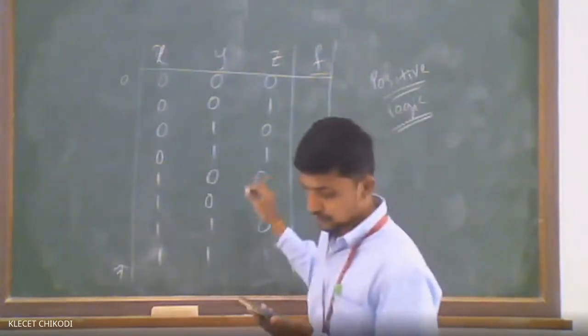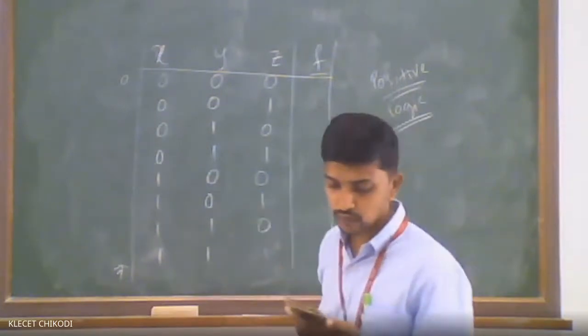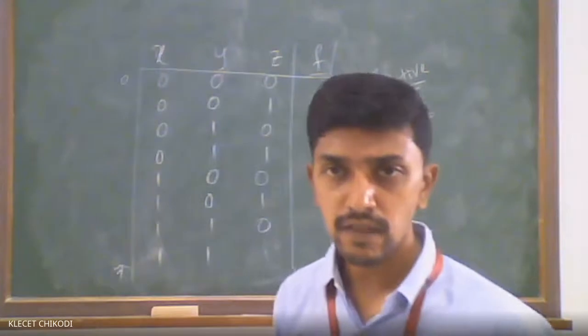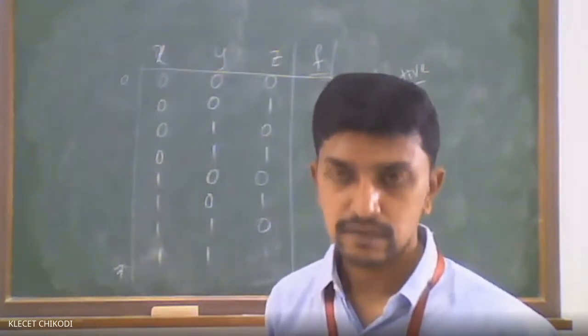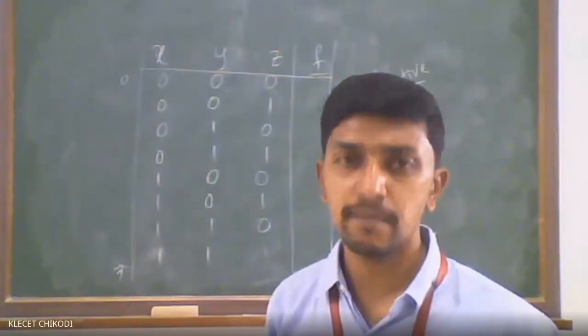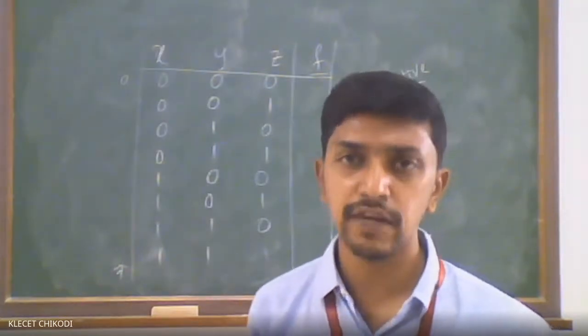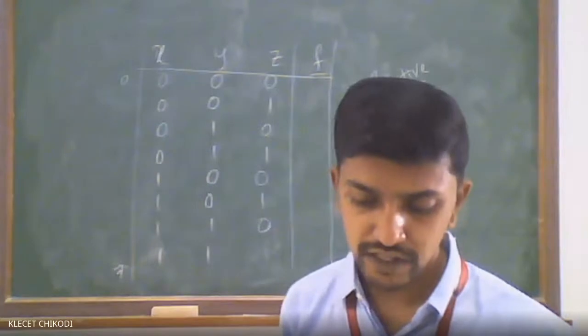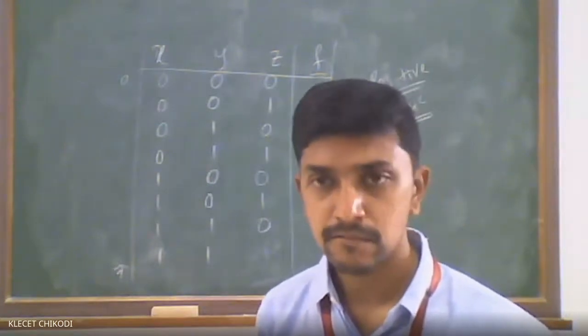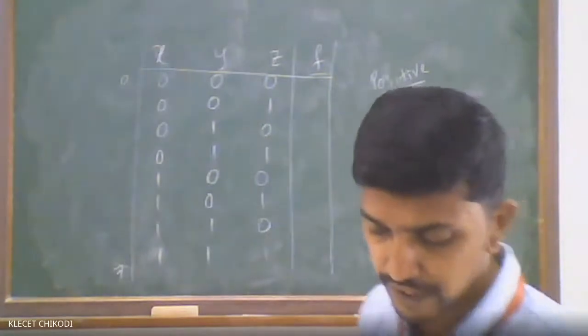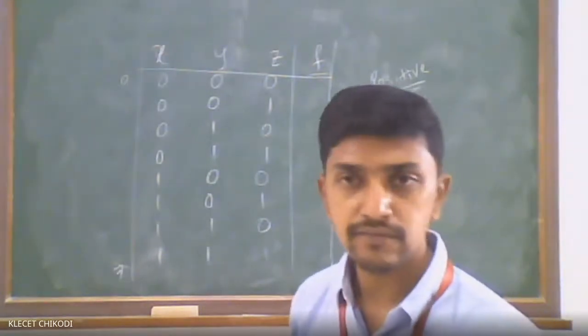So, for which combinations is the function value 1, can you see that? Just tell me the decimal equivalent numbers for which the function value is 1. It is 1 for 2, 3, 5.